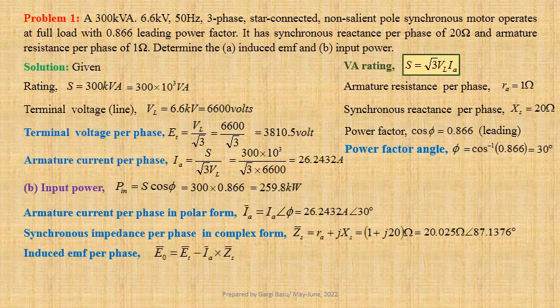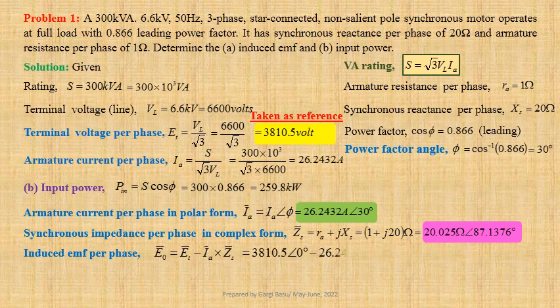Taking terminal voltage per phase Et as reference, we get E0 equals 3810.5 at an angle 0 degree minus 26.2432 at an angle 30 degree into 20.025 at an angle 87.1376 degree.